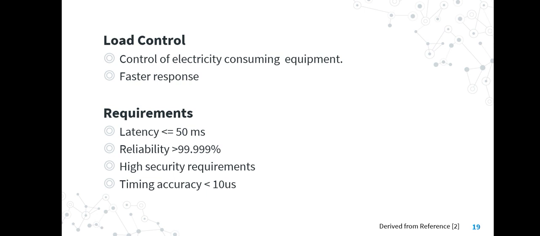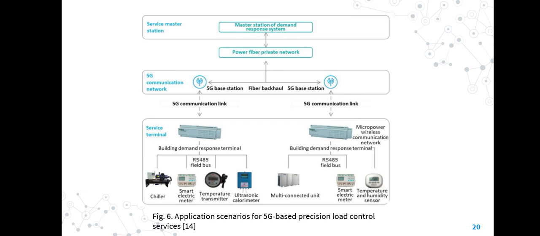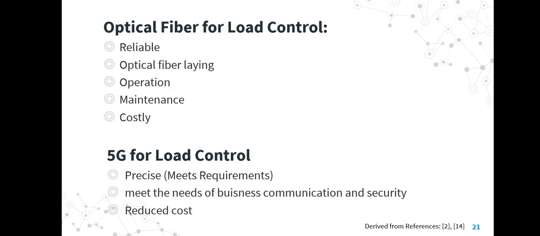Some of the requirements for precise load control are given below, and these requirements are totally achievable by the use of 5G technology. This figure shows the application scenarios of 5G based on precise load control services. For load control, conventionally, we could also use optical fiber.